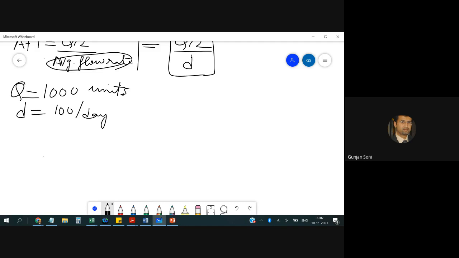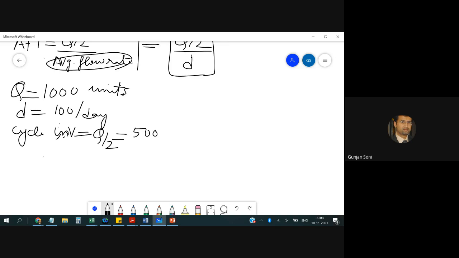So of course the cycle inventory will be Q by 2, which will be 500.